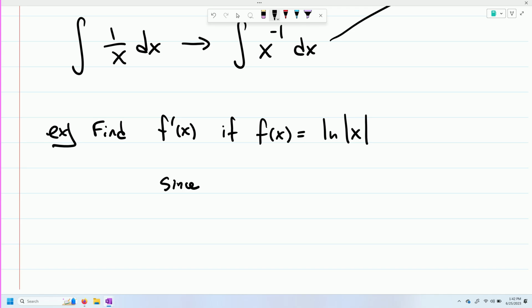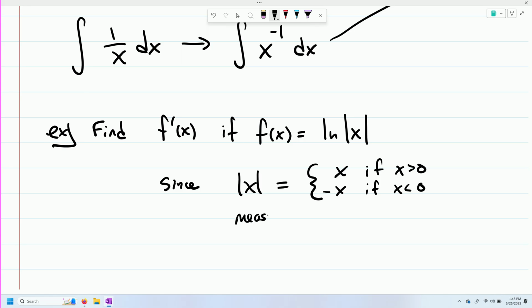The absolute value of x is defined as x if x is greater than 0 and negative x if x is less than 0, and that is because the absolute value measures a distance away from 0.